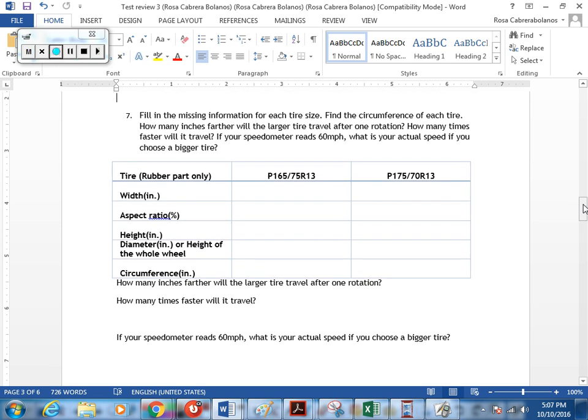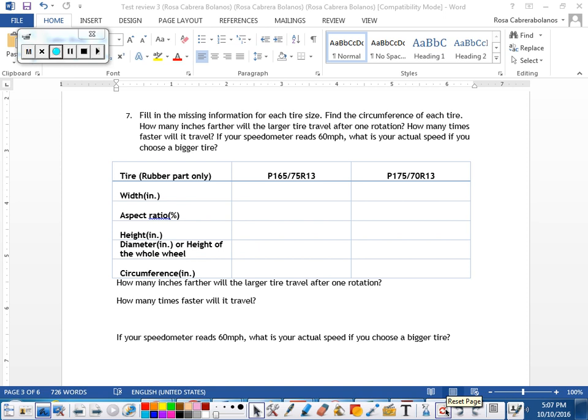Number 7. This one's an easy one actually, if you just follow along. You're going to multiply by 0.0394 on your first step. So 165 times 0.0394, and that gives me 6.5 something.